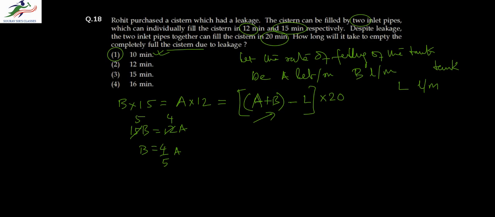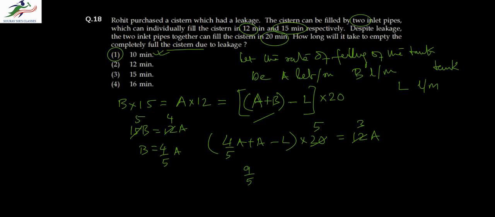So B is 4 by 5 A, so (4 by 5 A plus A minus L) into 20, and I'll equate it with 12A. So therefore this is 5 and 3, and that means 4 by 5 plus 1 is 9 by 5.